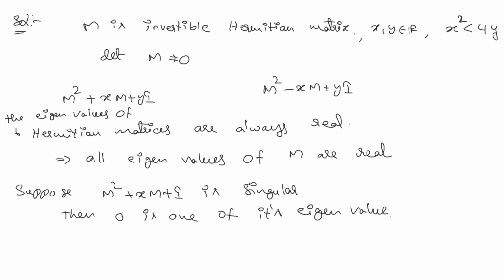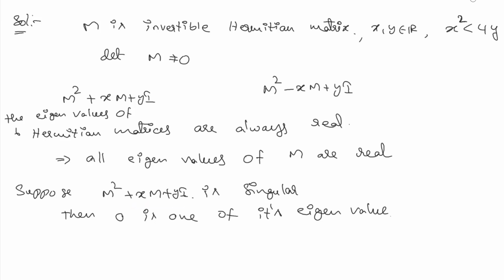Hence 0 has to satisfy its minimal polynomial, so here it is yI. So 0 has to be one of its eigenvalues. That means 0 has to satisfy this condition.